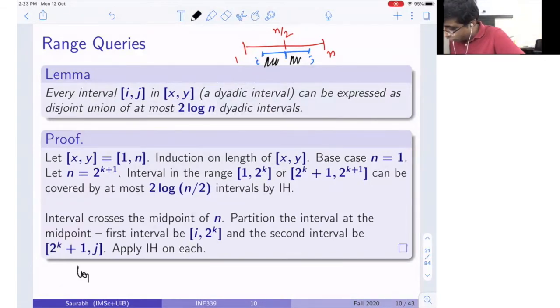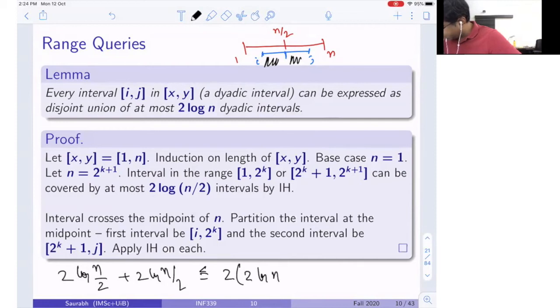It will be 2 log n by 2 plus 2 log n by 2, which is at most 2 times (2 log n minus 1), right? Because log n by 2, and everything is in base 2, is nothing but log n minus 1, right?